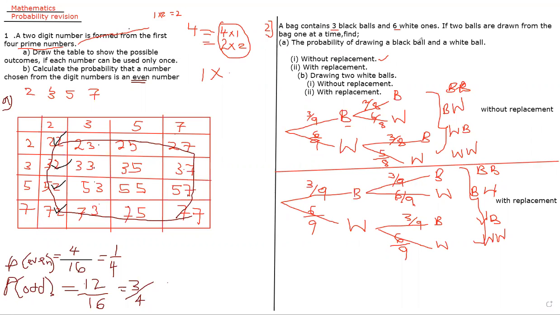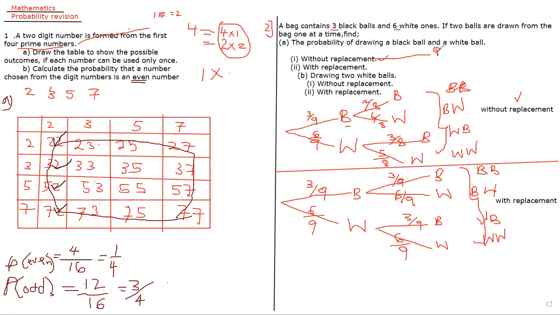So the probability of drawing a black ball and a white ball without replacement. So without replacement, its experiment is this one. You are drawing a black ball and a white ball. Now, they haven't specified order. You can start with black.